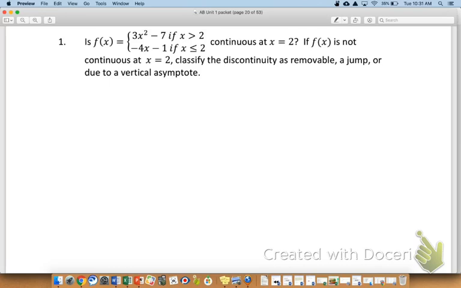All right. Well, let me try to show you what I think would be some really nice steps here. And again, let me just emphasize: if you were asked something about continuity, you need to start off with that nice limit statement about continuity. So here's where I would start with this one. I would say the limit as x approaches 2 from the left of f of x possibly equals the limit as x approaches 2 from the right of f of x, which possibly equals f of 2.